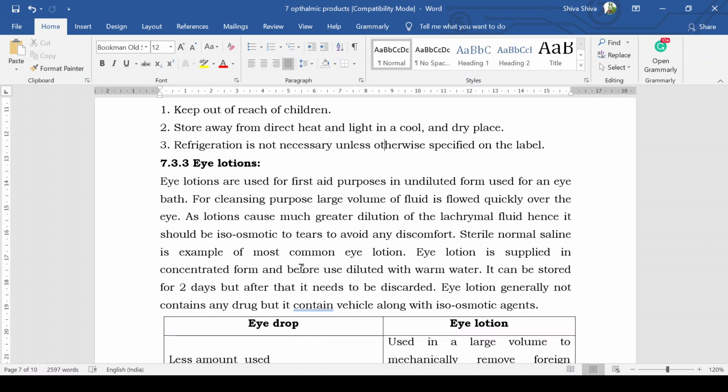Now remember that eye lotions do not contain any kind of active pharmaceutical ingredient, but only have an isosmotic solution along with vehicle.